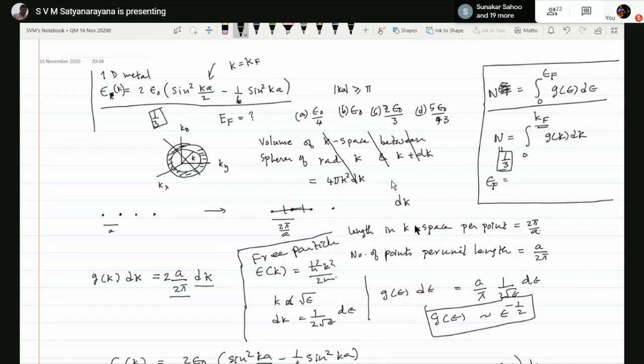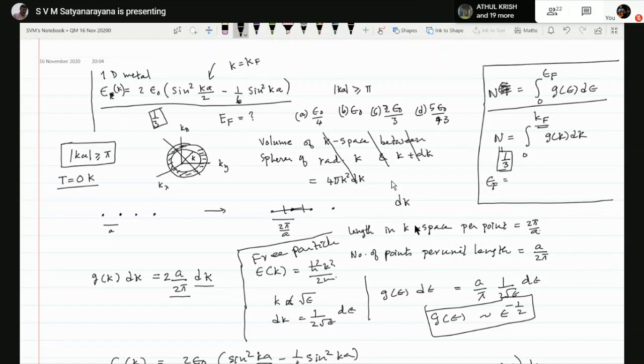So I think one has to understand this one carefully. This condition is what I think is important. Let's say we are talking about 0 Kelvin.